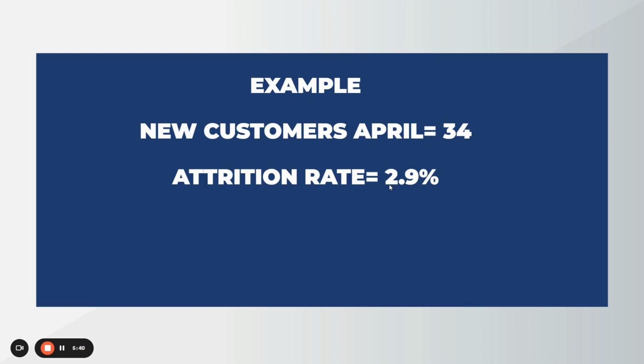So what we can do is take these two numbers and work out our maximum enrollment number based on these two variables. So this tells us our ceiling of growth in the business. So if we take 34 and divide it by 2.9%, it's going to give us a number of 1,172.